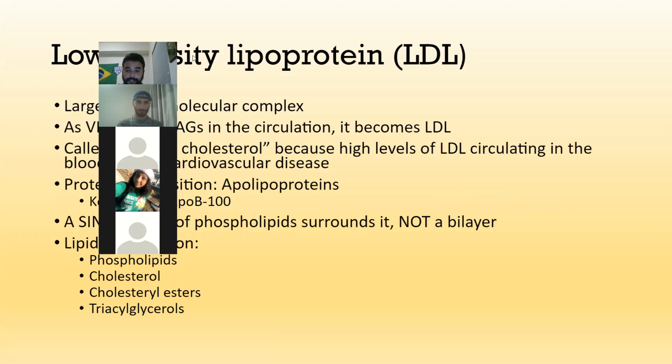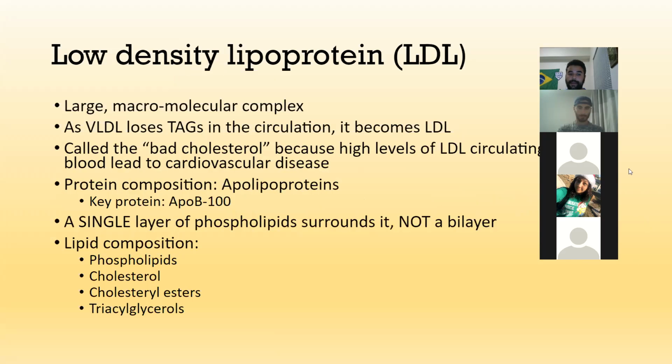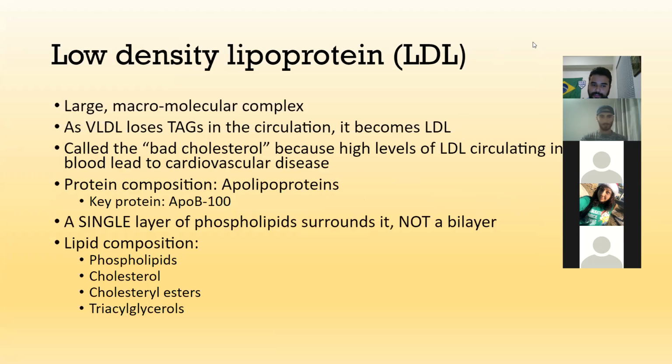So for our low density lipoproteins, these are large macromolecular complexes. As our very low density lipoprotein starts losing our triacylglycerols in the circulation, it starts forming into these low density lipoproteins, okay? And low density lipoproteins have kind of a bad reputation. They're usually called the bad cholesterol, and that's because low density lipoproteins have a high amount of cholesterol in them, okay?